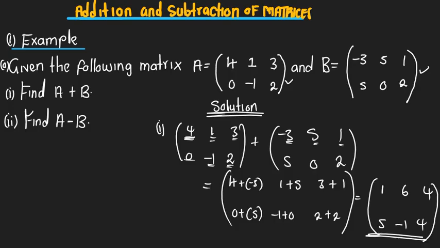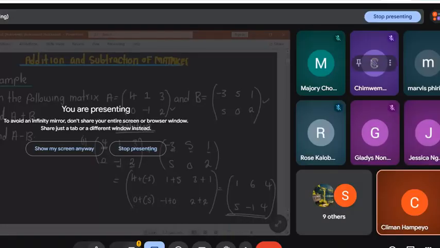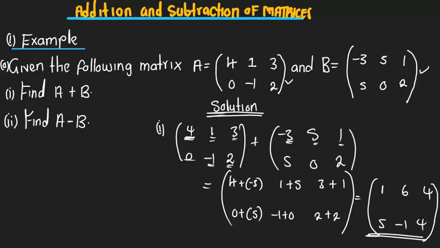This is how you'll be able to add matrices. You use the same concept for everything. How about when it comes to subtraction of matrices? How do we do it? To subtract matrices, we use the same concept.